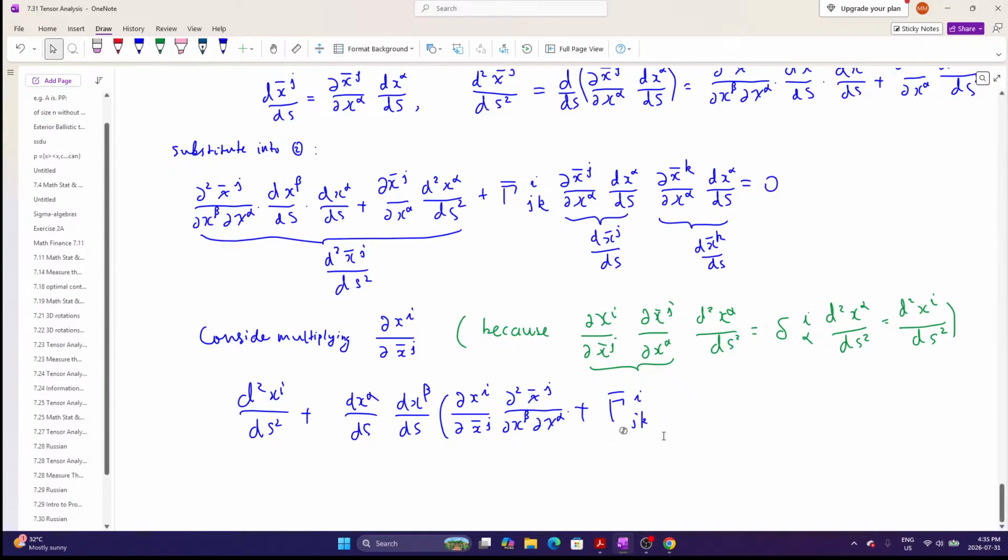Hold on. Yeah, we multiplied this on both sides. And here you have the dx bar over, I think this will have some kind of cancellation as well. This one and this one.